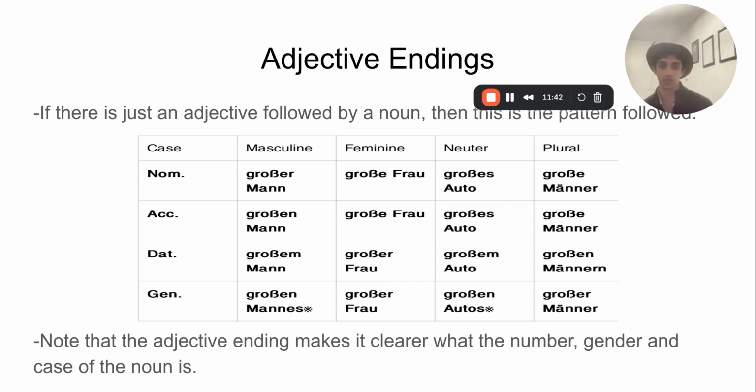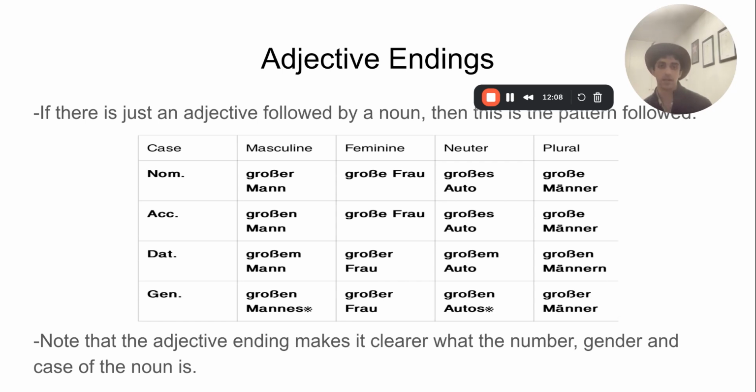If somebody was to say großes, as in großes Auto, we'd almost automatically know it's probably in the nominative neuter singular, or potentially accusative neuter singular.